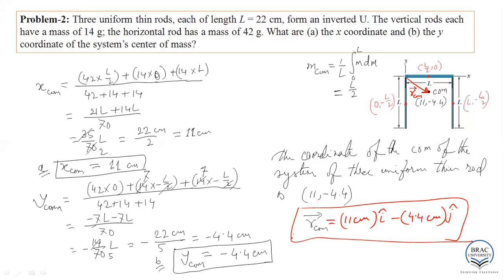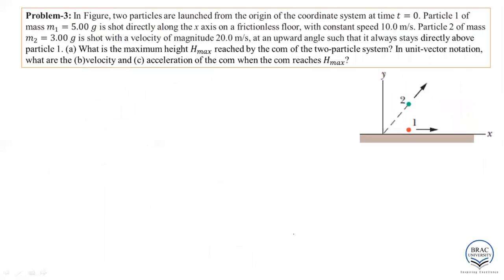Okay, now we'll move to the next problem. Problem 3 is an interesting problem, and in this problem two particles are launched from the origin of a two-dimensional coordinate system, x and y.